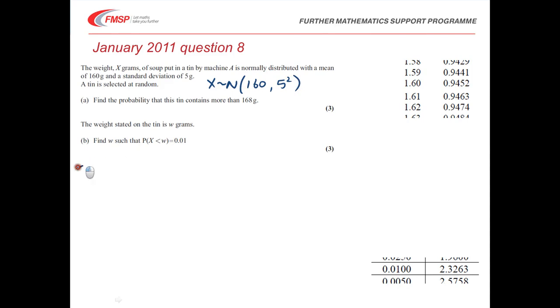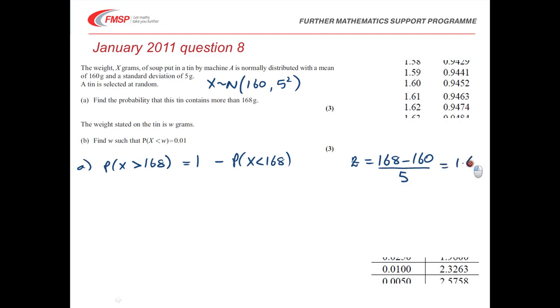So in part A, we want to find the probability that we contain more than 168 grams. So again, I think that's pointing the wrong way, so I'm quite keen to swap it round. Okay, if I then standardize this, I've got z is equal to x, which is 168, minus the mean, which is 160, divided by 5, and that's going to give me a z value of 1.6.